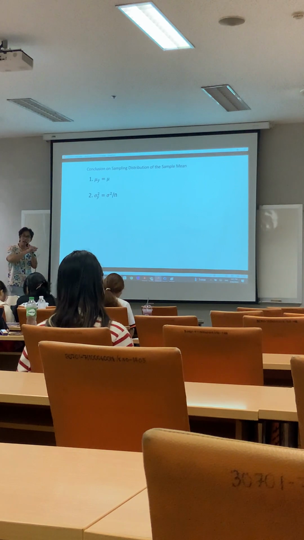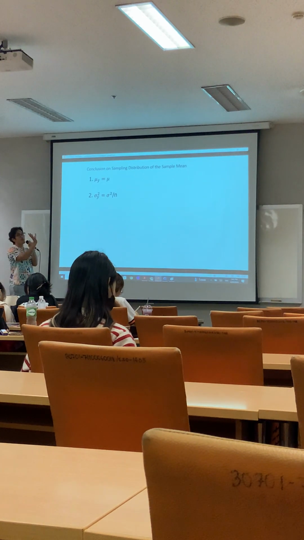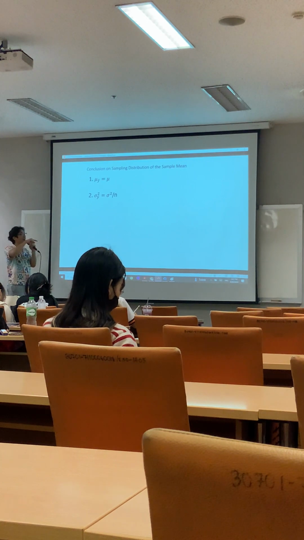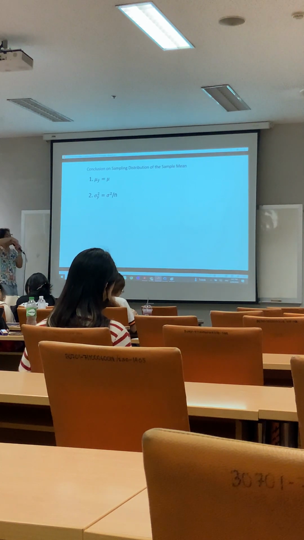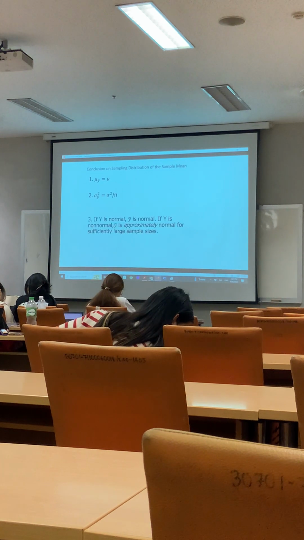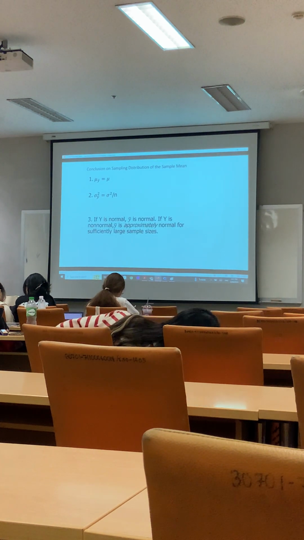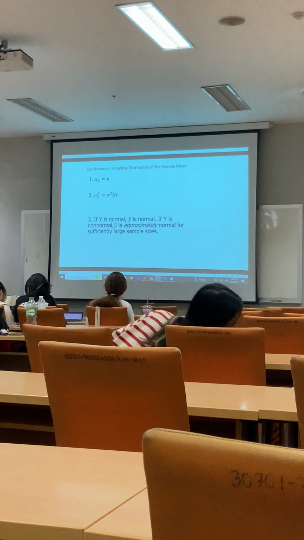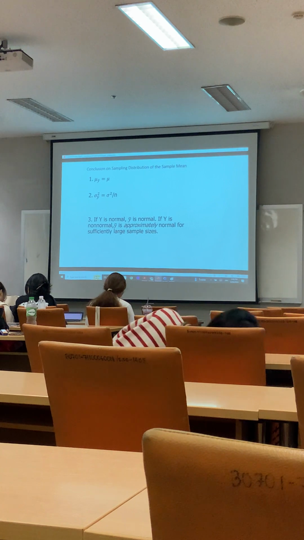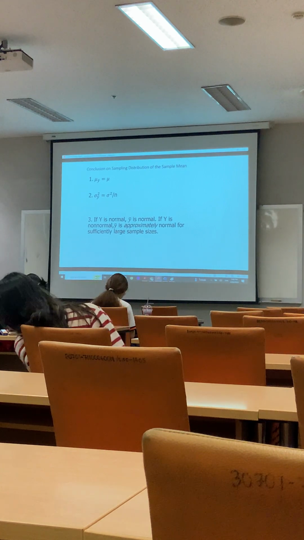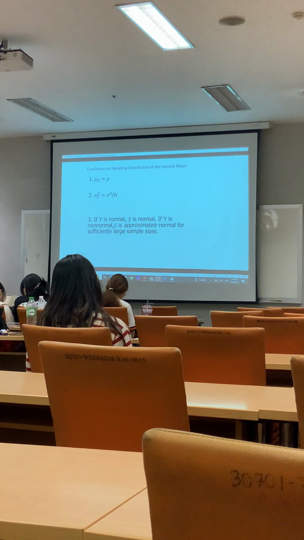So that's why when n is increasing, we observe that the standard deviation of y bar keeps reducing. We already talked about that even when the population distribution is not normal, y bar is approximately normal for large enough n.